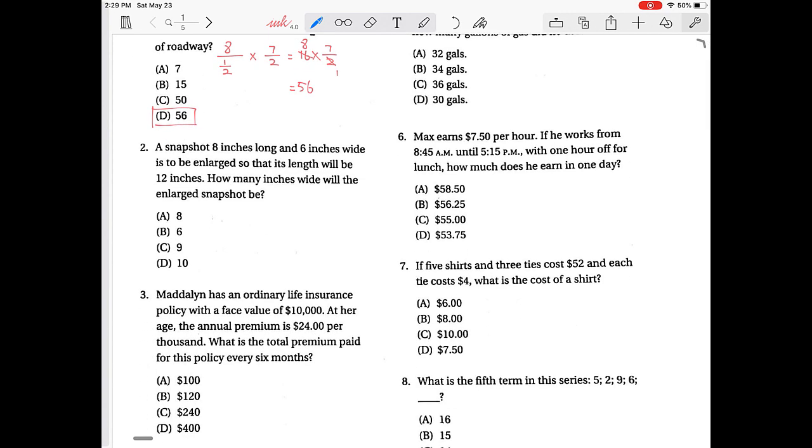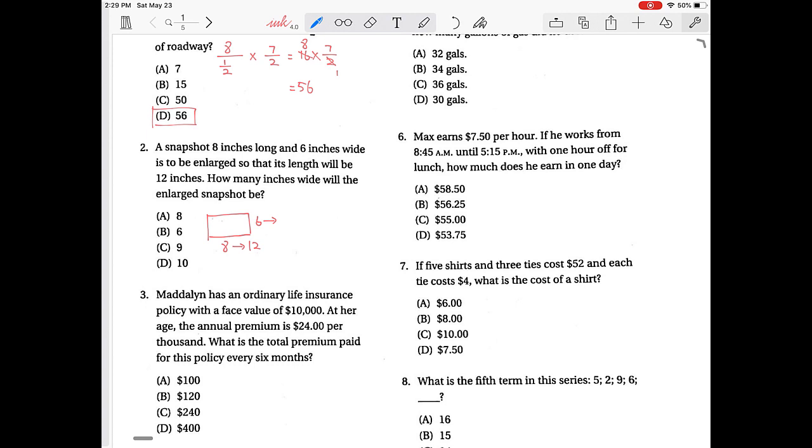2. A snapshot 8 inches long and 6 inches wide is to be enlarged so that its length will be 12 inches. How many inches wide will the enlarged snapshot be? So we know the length is going to go from 8 inches to 12, and the current width is 6, and we're trying to find what the new width would be.